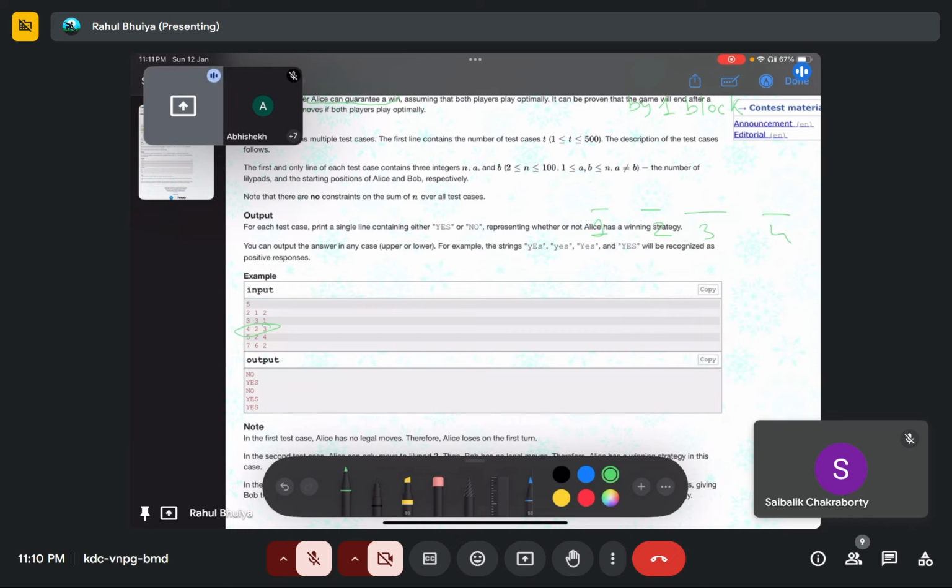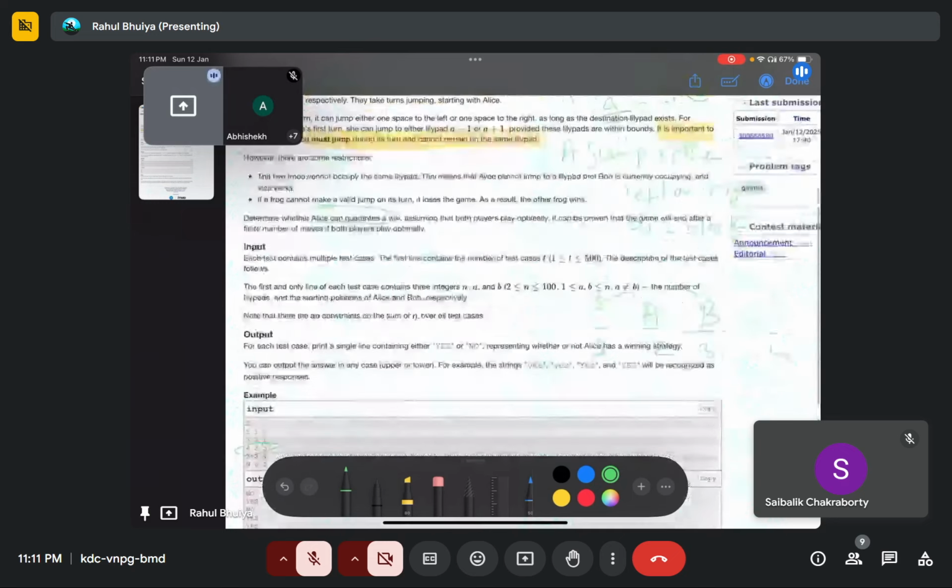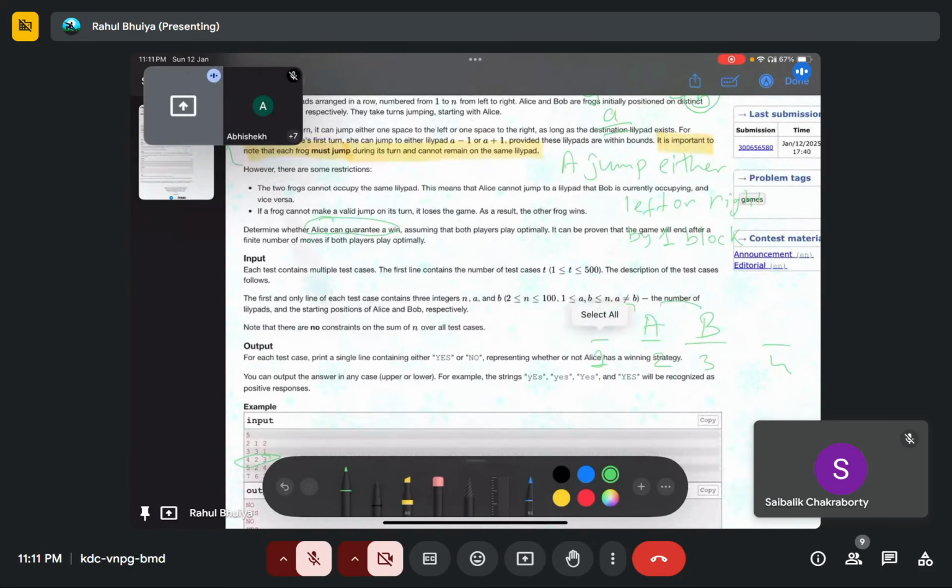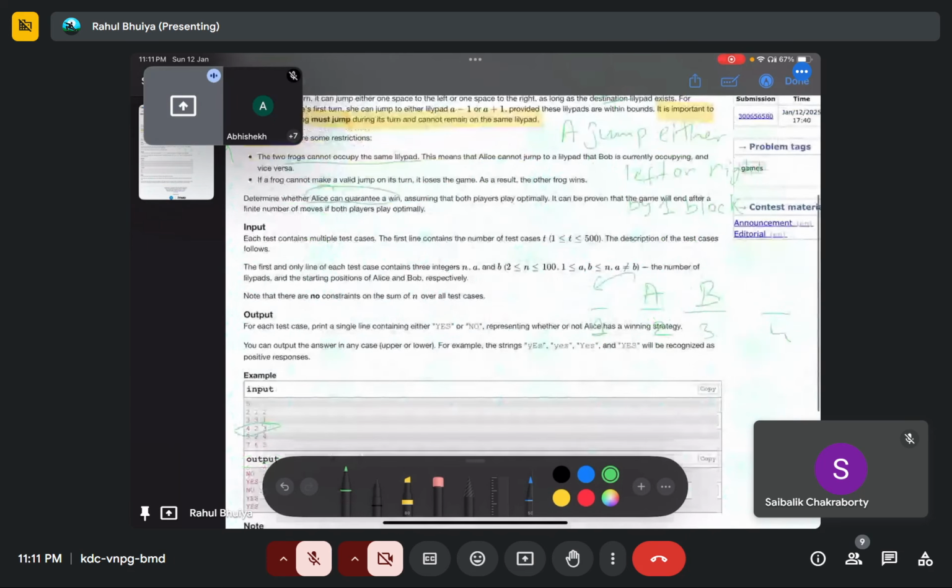Alice is standing here, let me write Alice as A, and Bob is standing here. Alice will take the first step. What are the possibilities of Alice? Alice can jump here or here. It is also said that the two frogs cannot occupy the same lily pad, so there is no possibility here. So the only possibility is that she jumps to this block.